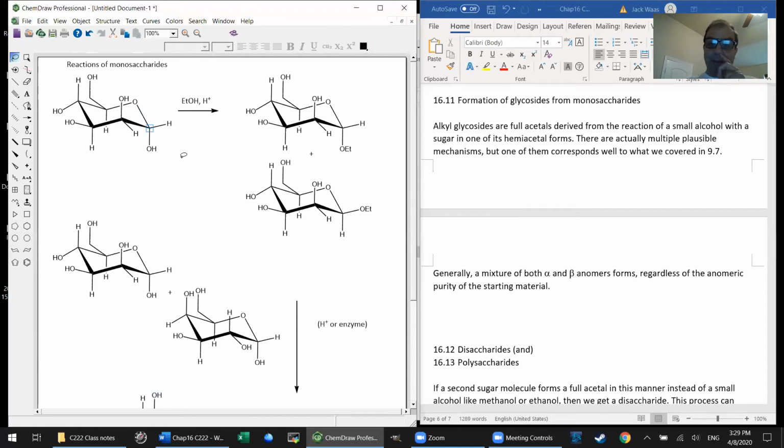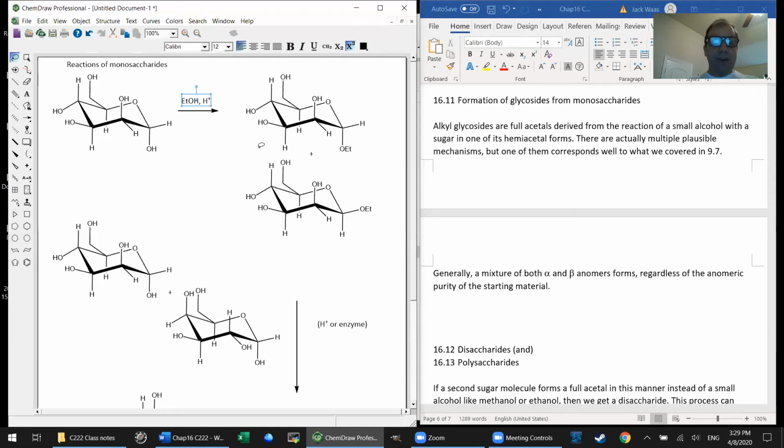That's the carbon atom that used to be the aldehyde carbonyl carbon when the molecule is in its open chain form. And it turns out that when you heat a sugar in some simple alcohol, could be just methanol or ethanol, here I'm using methanol, well, the very same thing happens as when you heat any aldehyde or ketone with a small alcohol. In this case, you'll wind up going from this hemiacetal to a full acetal.